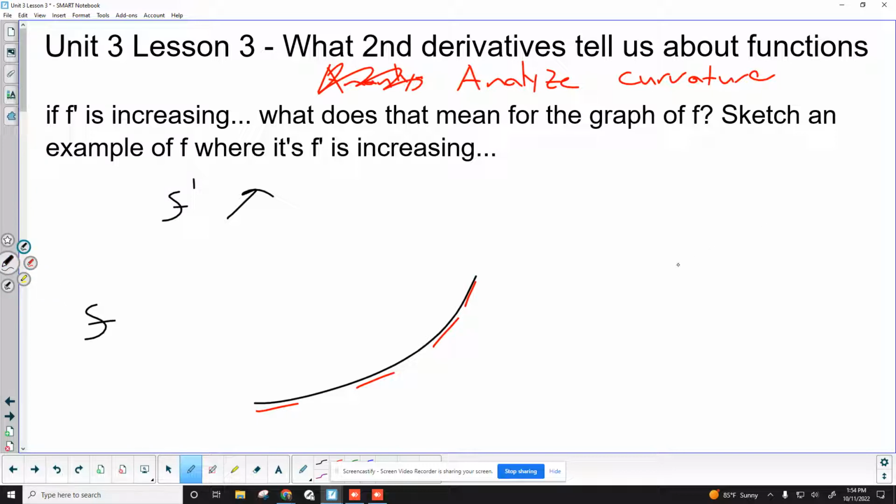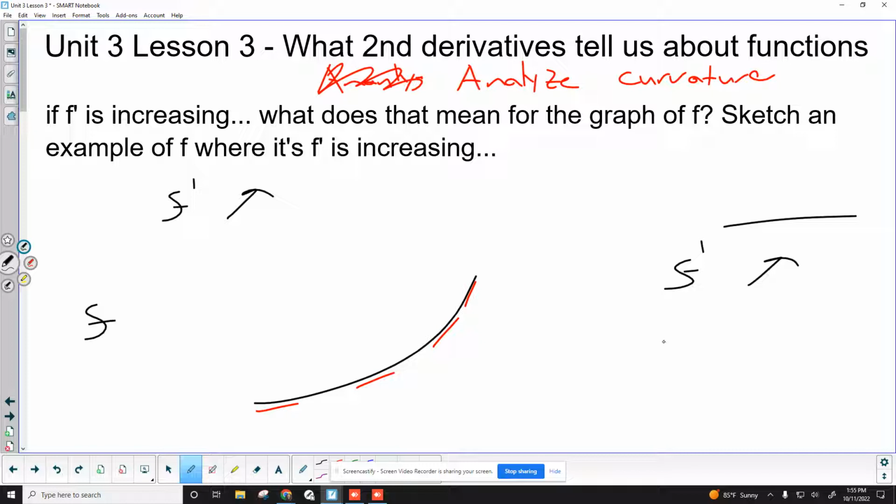Now, if f prime is increasing, what does that mean? If you think about last lesson and that practice problem we did at the beginning of today, you had the question on your quiz. If something is increasing, what does that mean? Think about calculus. Go. Ooh, I hear some people know the answer right away. Some people are like, no clue.